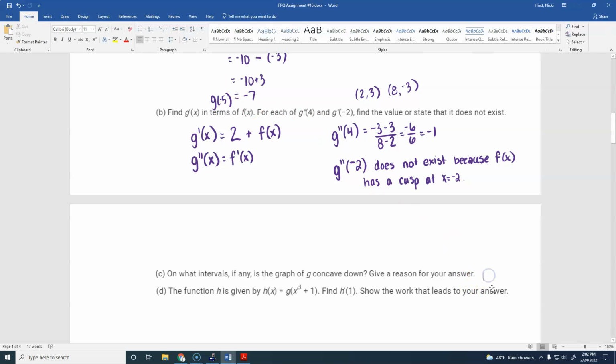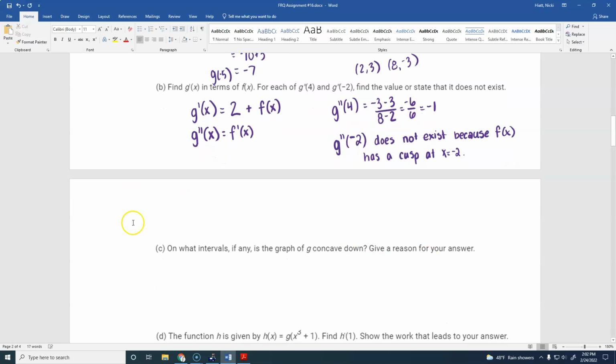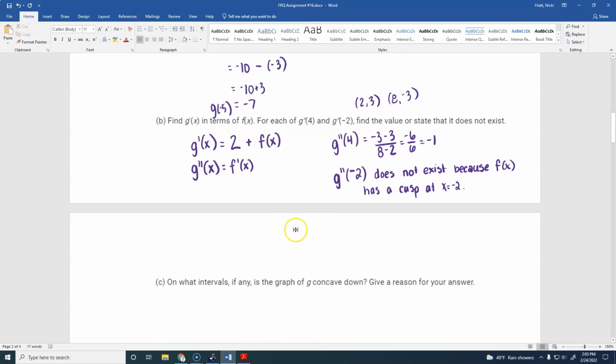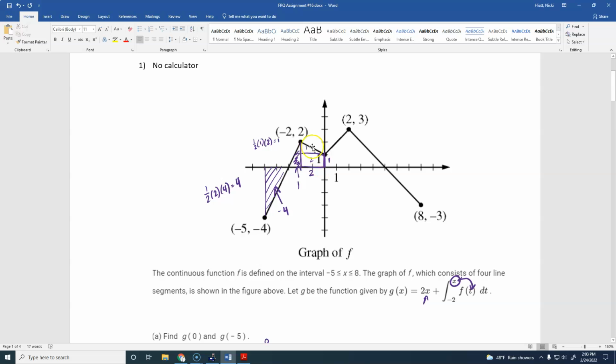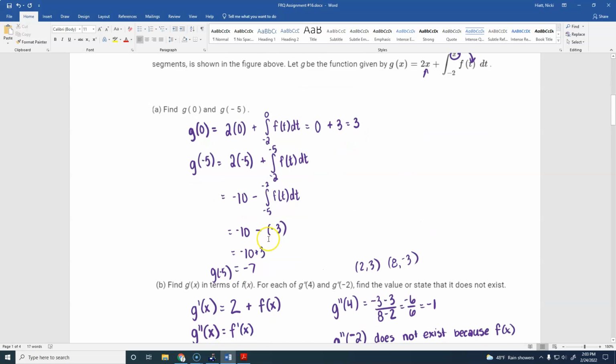Okay. All right, so on what intervals, if any, is the graph of G concave down? Okay, so it's not asking us about F. If F is decreasing, then F does not have concavity.